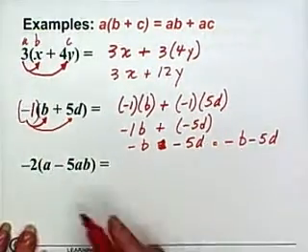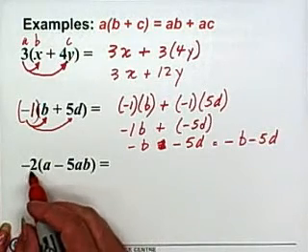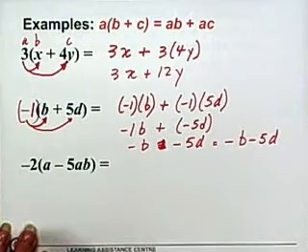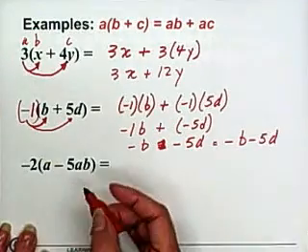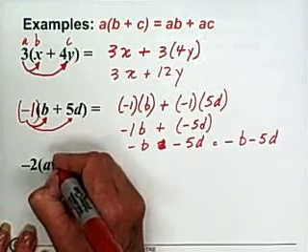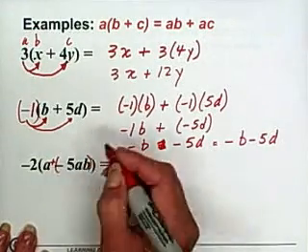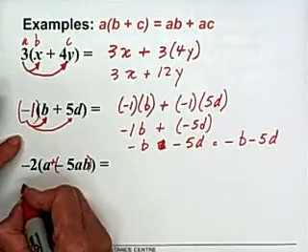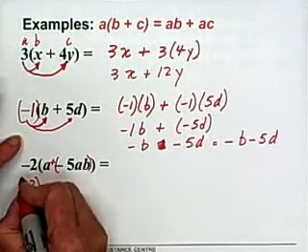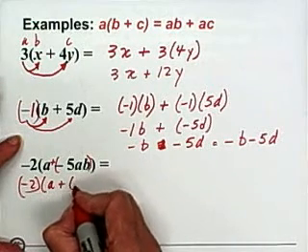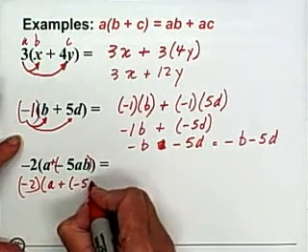Here's our last question here. We have minus 2 times a minus 5ab. So in a situation like this, you want to rewrite this as a plus minus 5ab. So let's just rewrite that down here. Minus 2 times a plus minus 5ab.